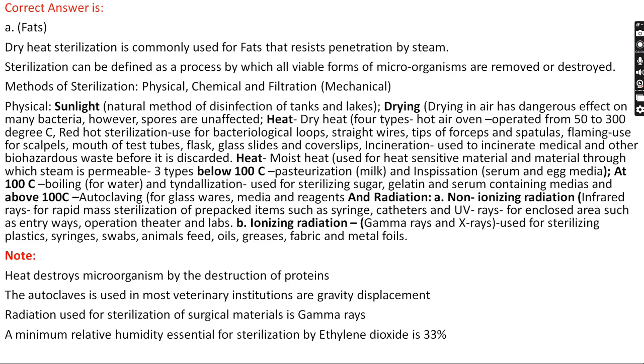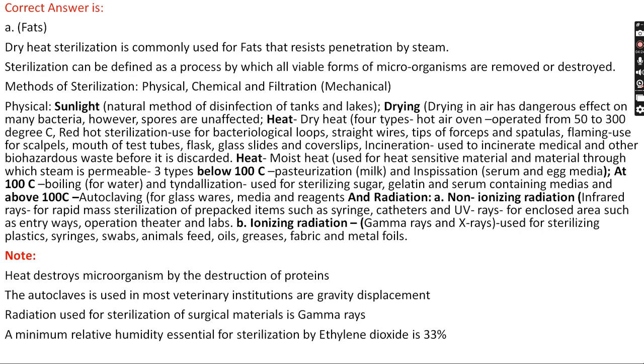It is used for bacterial loops, straight wires, tips of forceps, spatula, etc. Flaming is also burning the instrument in fire, but not to red hot condition. It is used for scalpels, mouths of test tubes, flasks, glass slides, and cover slips.